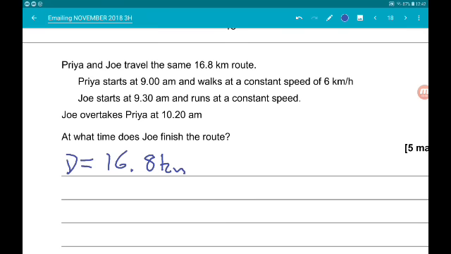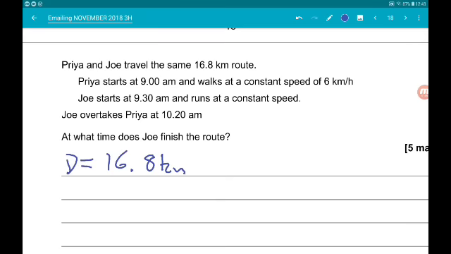Okay, so what we really need to do then is work out Joe's speed. But to do that, we're going to have to process some of Priya's data as well. So let's think about this.